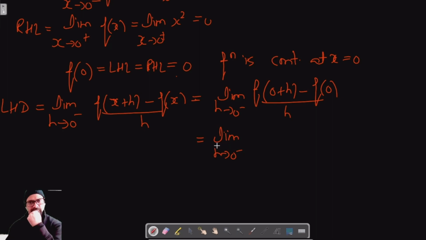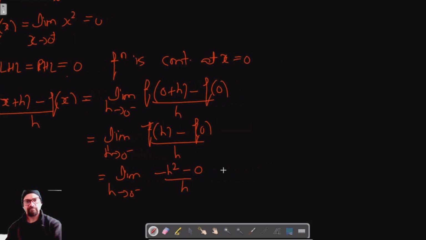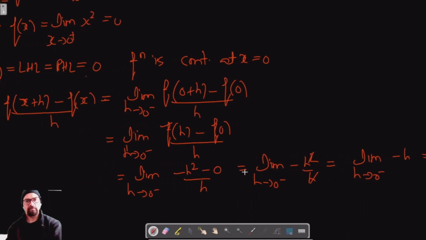Now for the left hand derivative, f of h is negative h squared and f of 0 is 0, which gives us limit h tends to 0 negative of negative h squared by h. This gets cancelled, and it is limit h tends to 0 of negative h, which is equal to 0.